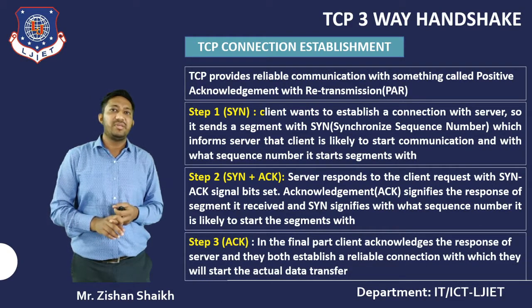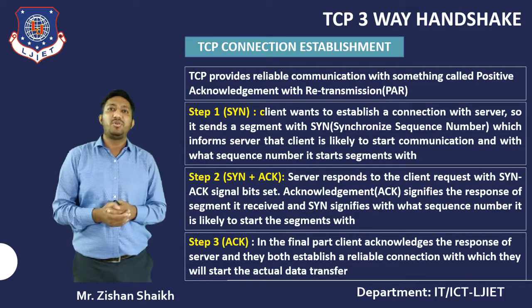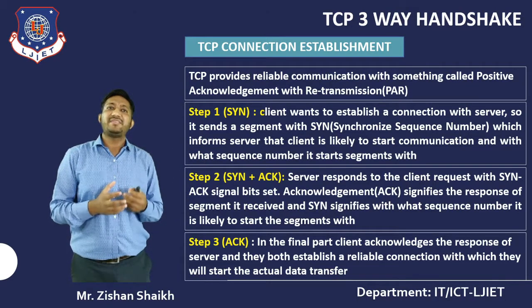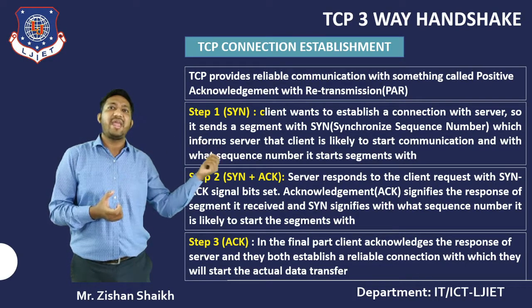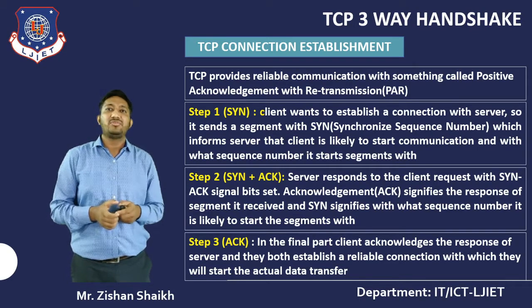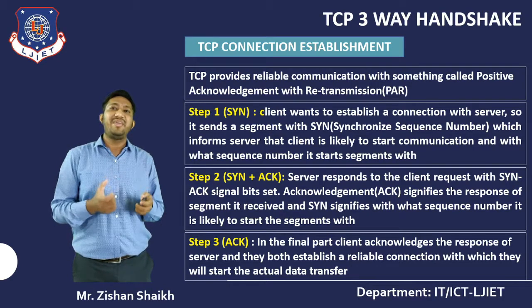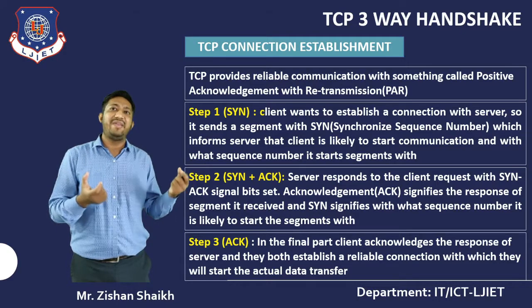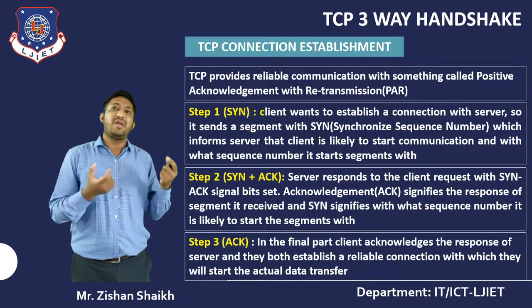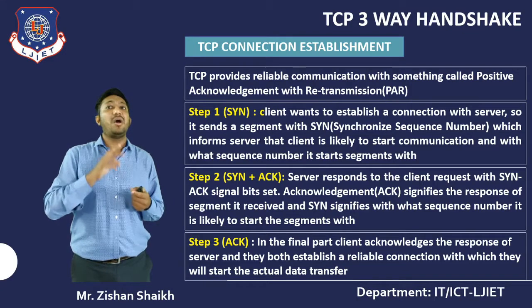Now step number 3. After receiving the signals from step number 2, the client acknowledges that the sync message and acknowledgement message have been successfully received. We can say that after step number 3, both parties, client and server, are reliably connected with each other, because both parties get the acknowledgement.